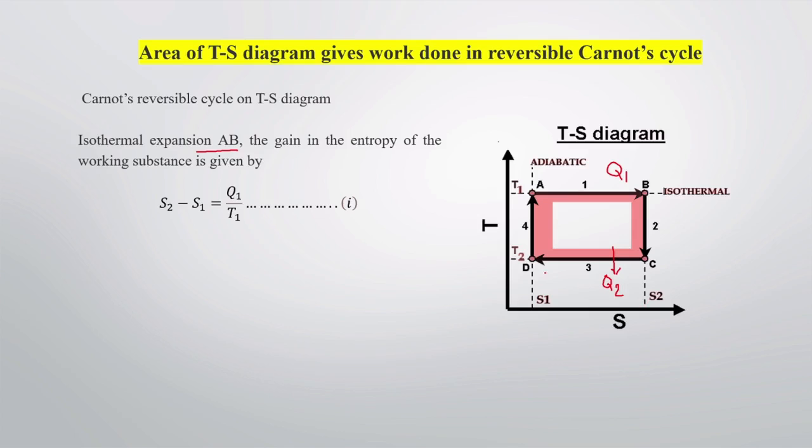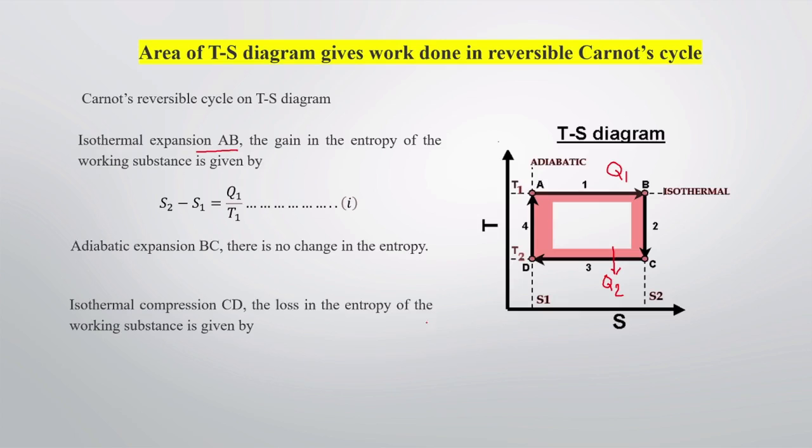Now when you go from C to D, during the isothermal compression CD, there is loss in entropy of the working substance, and it is given by S2 minus S1 is equal to Q2 upon T2, because Q2 is the amount of heat rejected and T2 is the constant temperature. And along this DA, there is no change in entropy because for adiabatic change, the change in entropy will be 0.